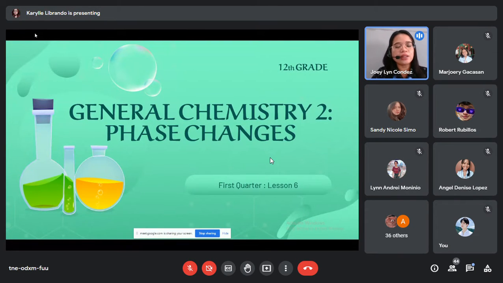Yes. So I think this lesson, you have already encountered this one in your Chem 1 or maybe in junior high school. So this is so easy lesson. Next week, we'll still discuss phase changes, but we'll use phase diagrams. Okay. To understand more about the diagrams, let's review first.